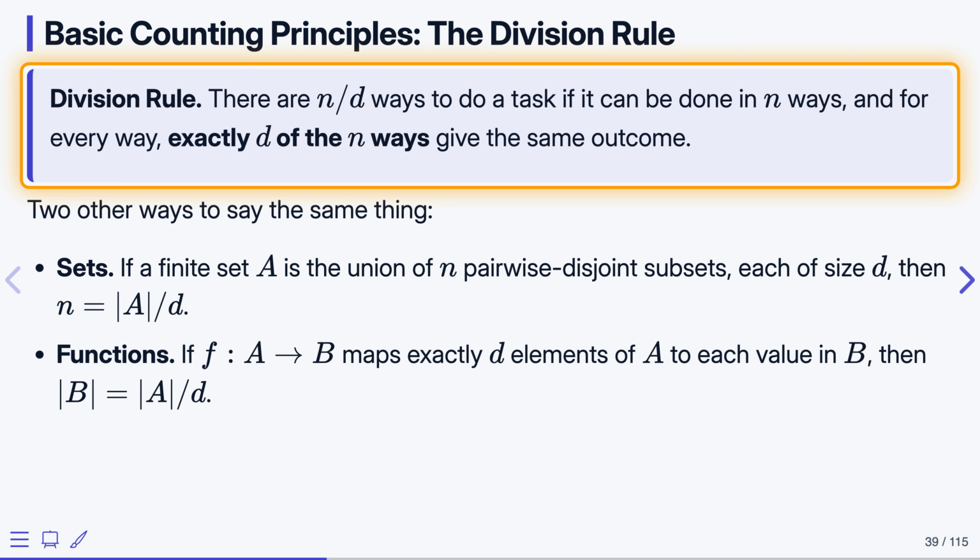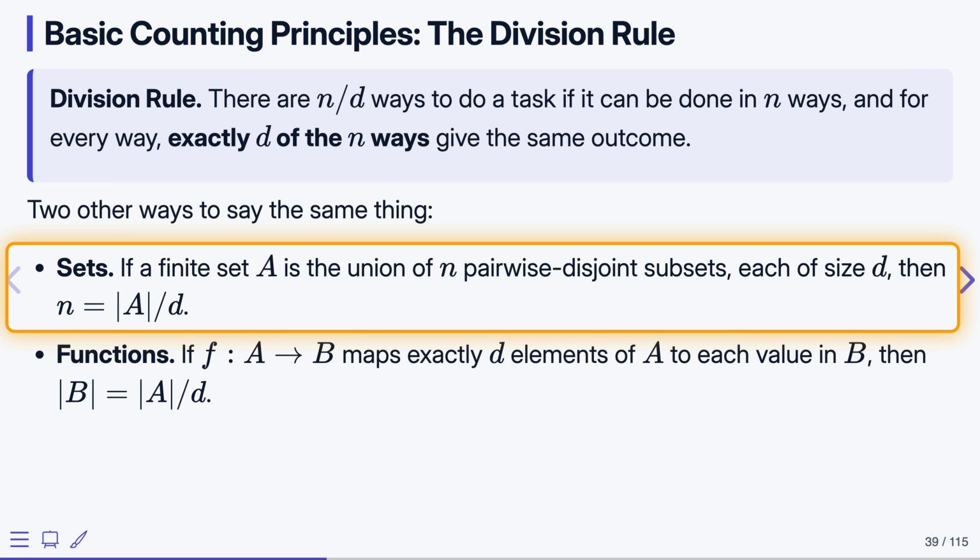Now the division rule. Suppose a task can be done in n ways. Suppose also that each real outcome is produced by exactly d of those ways. Then the number of different outcomes is n divided by d. We can say this in two more ways.